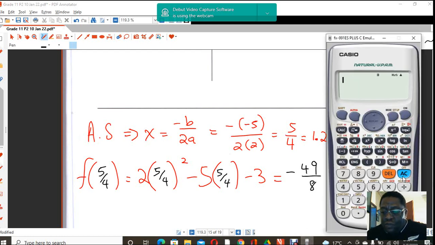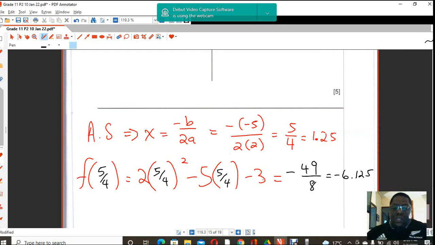So let's see. You have got 2 times (5/4) squared minus 5 times (5/4) minus 3. There you go. Minus 49 over 8 or negative 6.125.